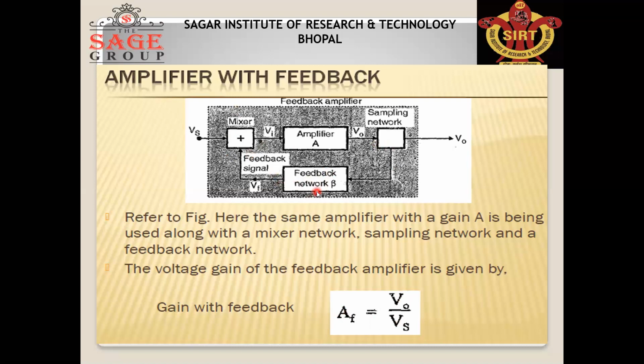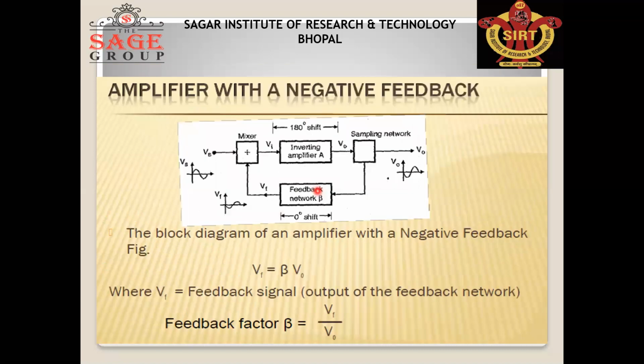Here beta is the feedback network, whose value is always less than 1. Since we have used negative feedback, the input signal and feedback signal should be in opposite phase, and the resultant signal will be the difference of these two signals.